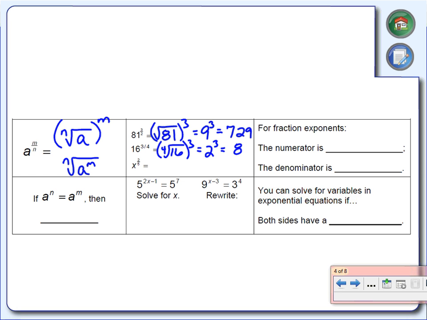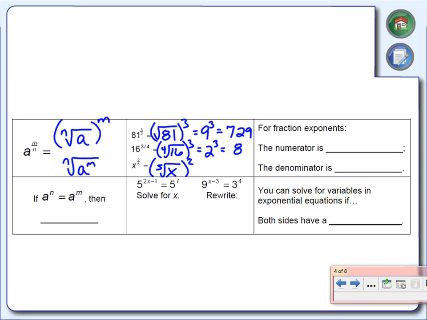All right, we got one more here. We got x to the 2/5 power. Again, this bottom number, the denominator, represents our root. So here we're looking at the 5th root of x. The top number represents our power. In this case, that power is 2.